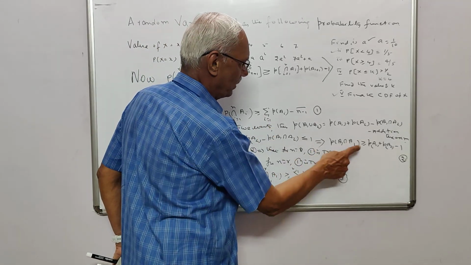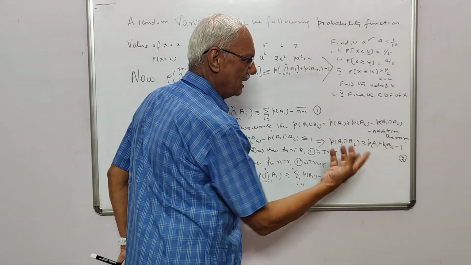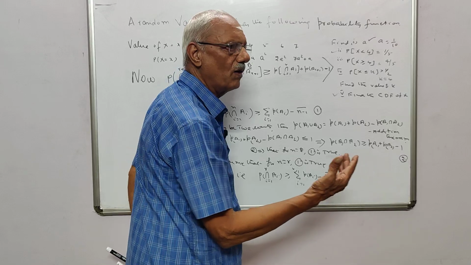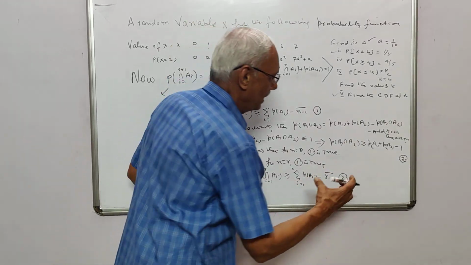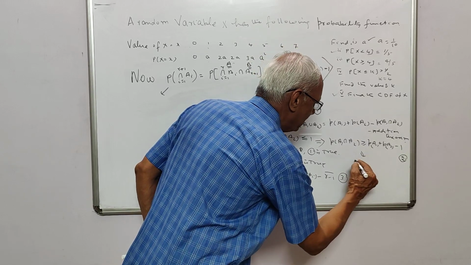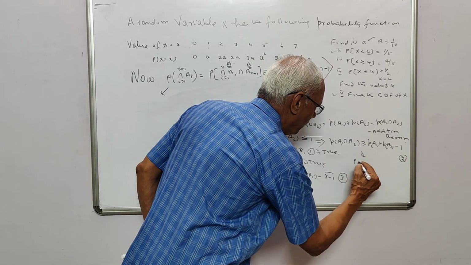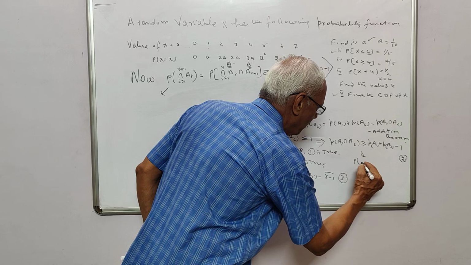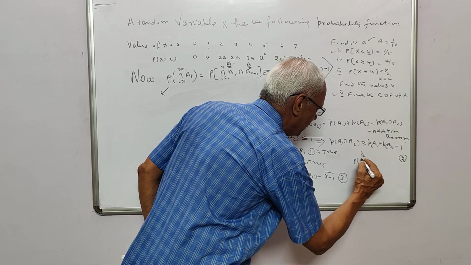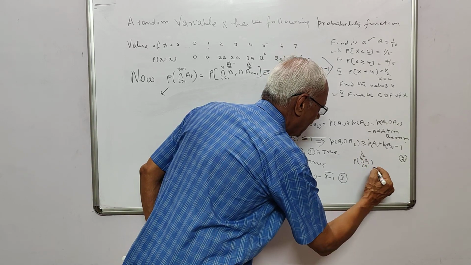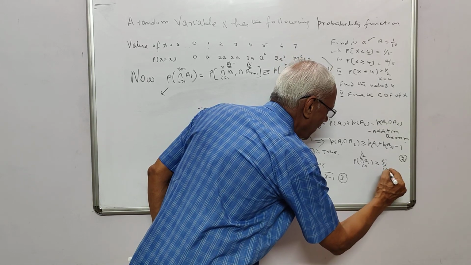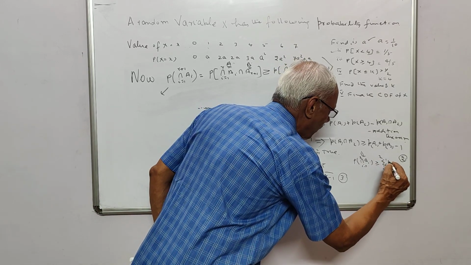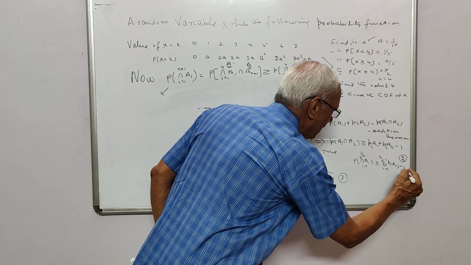Here P of A1 plus P of A2 is nothing but the sum over i is equal to 1 to n. So this means P of the conjunction of ai, i is equal to 1 to 2, is greater than or equal to the sum of P of ai, i is equal to 1 to 2, minus 1.